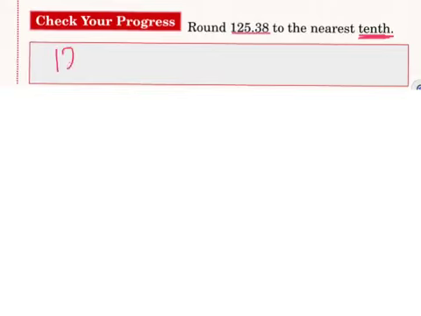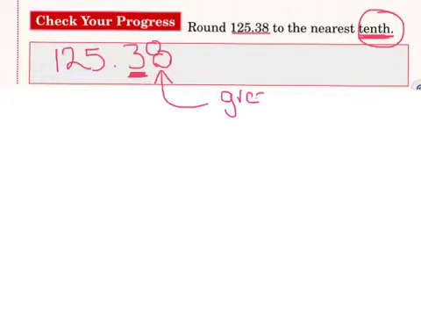Okay, so you should have 125.38 and you're rounding to the nearest tenth. So these are the hundredths and these are the tenths. So I should have underlined the 3 because this is my tenth. Then I'm going to look to the right of the number that I'm rounding, and this is greater than 5.